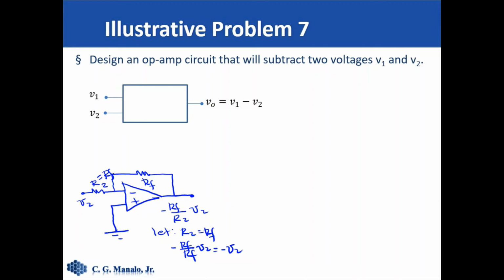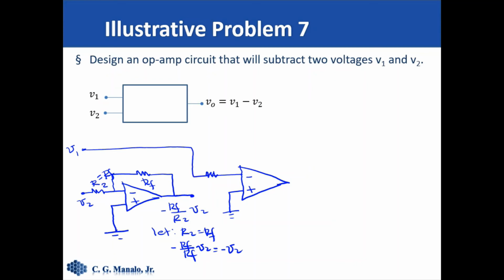Then here is our V1. So we need to sum up V1 and the negative of V sub 2. So therefore we use the summing amplifier. So this is the minus, this is the plus. The plus is connected to ground. So this is the inverting input. So this is V sub 1. Okay.